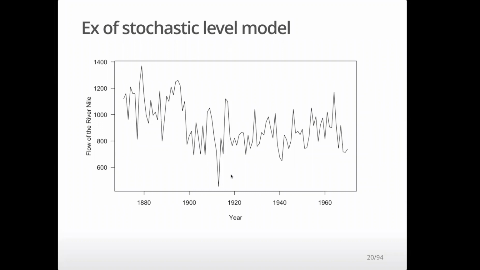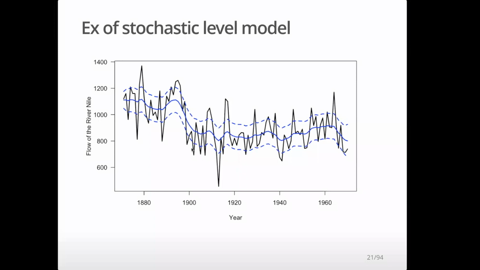Well, we could fit that stochastic level model to those data, and it would look something like this. So instead of having some discrete jump, just two states, now the underlying intercept here is changing over time. And indeed, there was a fairly strong decrease here around the turn of last century.